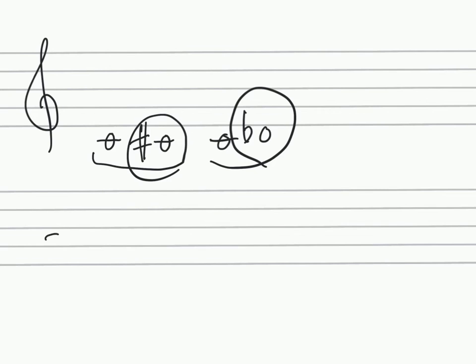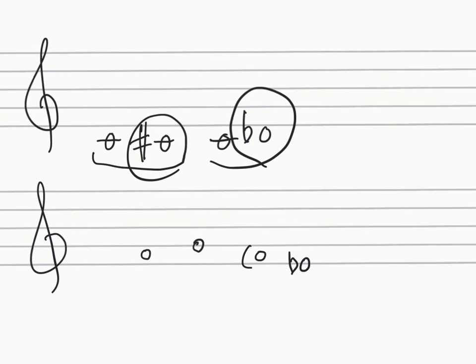We also noted that for whole steps, we're going to be using adjacent letters. So the whole step higher than F is going to be G. The whole step lower than F, we're going to use an E flat rather than a D sharp.